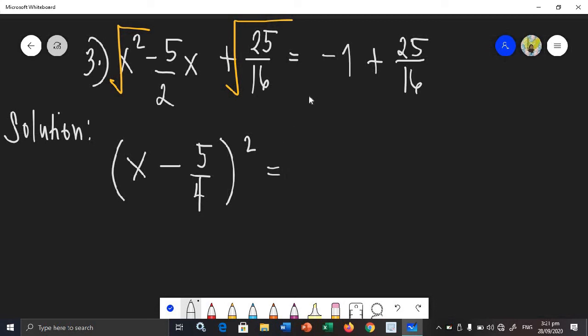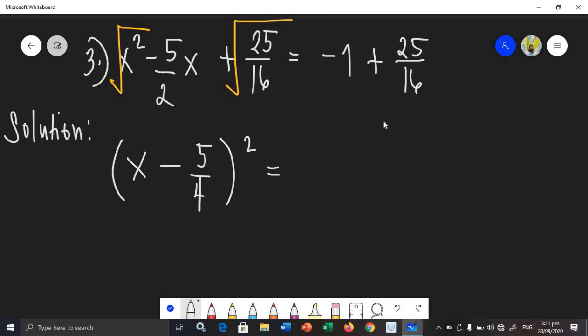How about here? Negative 1 plus 25 over 16. You can just easily compute this using your calculators. Diba? Pero, you can compute this manually. If that's what you want, no?